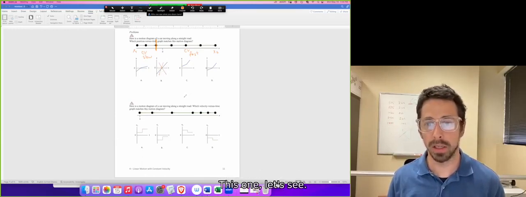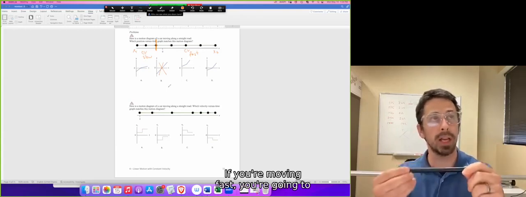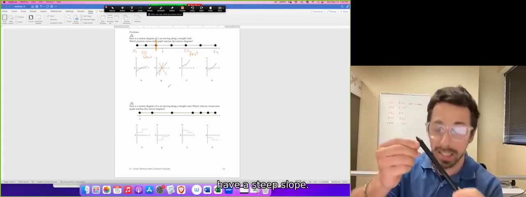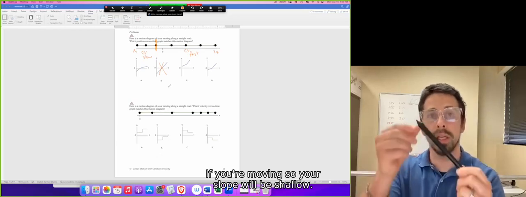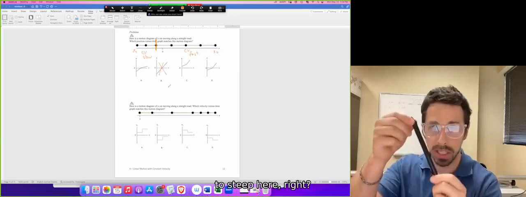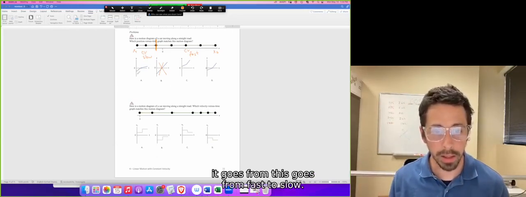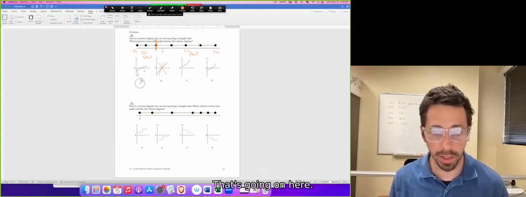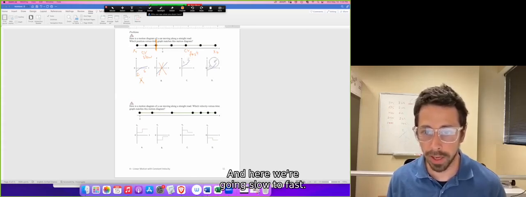If you're moving fast, you're going to have a steep slope, and if you're moving slow, your slope will be shallow. So it looks like we're going from shallow to steep here. So for A, this goes from fast to slow. That's not what's going on here. For C, it looks like you're going slow to fast, and here we're going slow to fast.